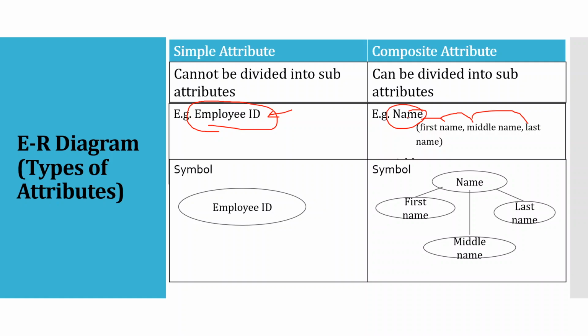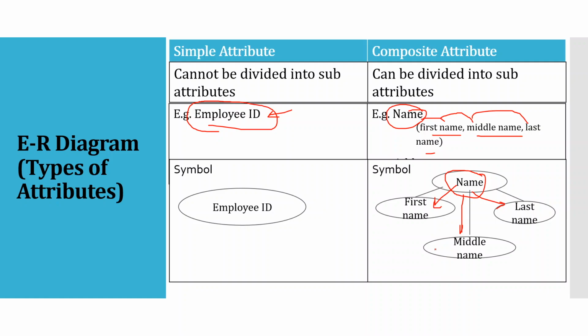So I am storing for name, the first name, the middle name and the last name into three different columns or attributes. So we have a name, and name has been divided into first name, middle name and last name. This is what composite attribute means.